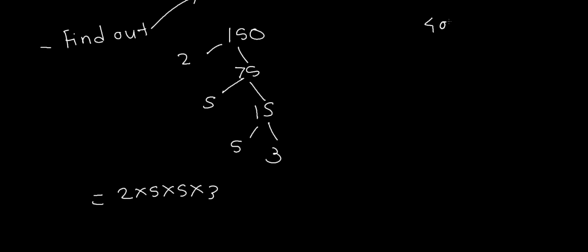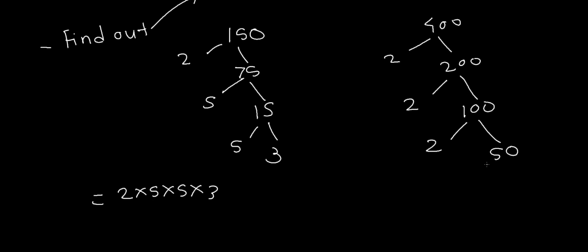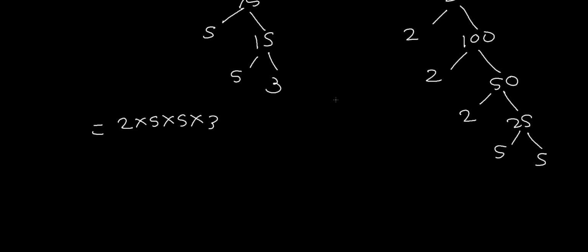Then 400. 200 into 2 gives you 400, 100 into 2 gives you 200, 50 into 2 gives you 100, 25 into 2 gives you 50, and 5 into 5 gives you 25. So what comes is 2 into 2 into 2 into 2 into 5 into 5.